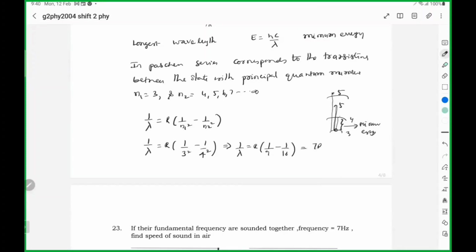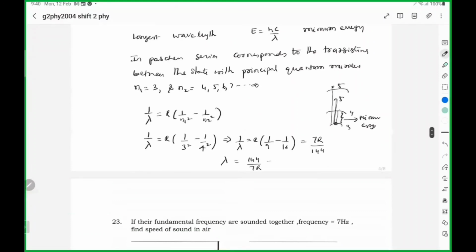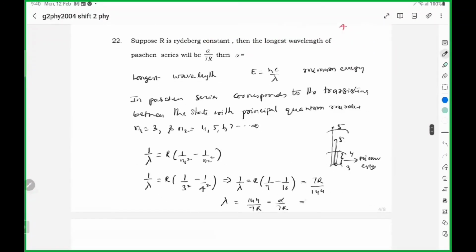So 7R by 144. Lambda is 144 by 7R, which is given as alpha by 7R. That means alpha will be 144.